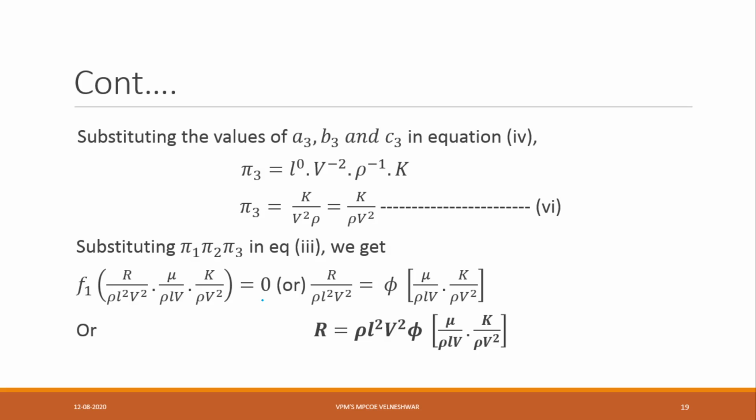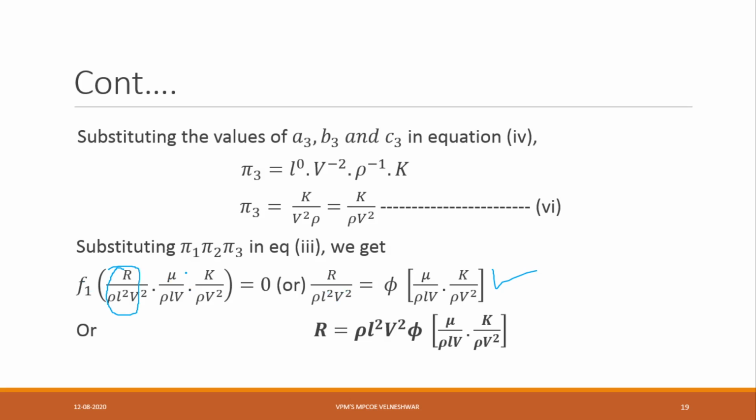Now what is our x1? All forces should be in resisting force, remaining all are dependent, that is R divided by rho L square V square is equal to 5 into this value, x2 value, x3 value. Here I am making this in the left hand side, and the remaining part in the right hand side.